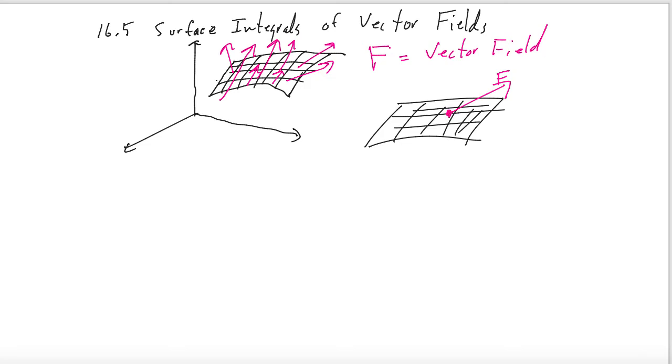And then let's look at our normal vector. So the normal vector would shoot out here. So this is it.